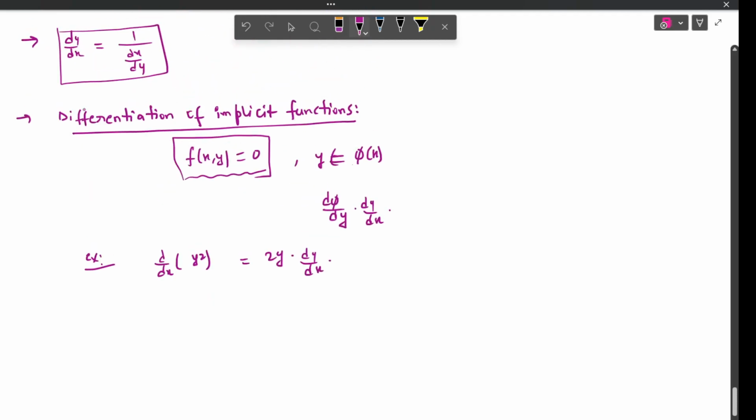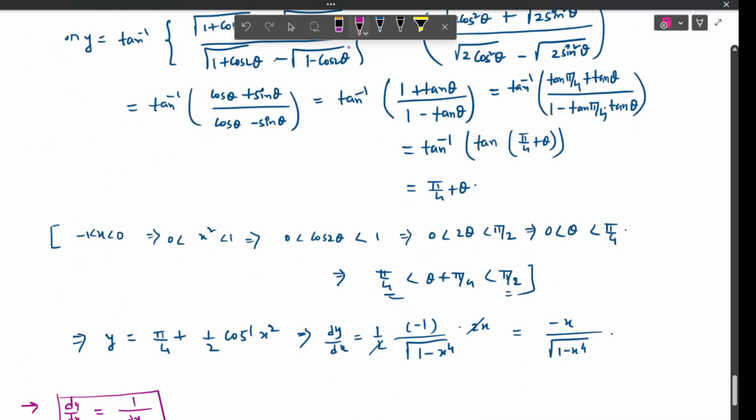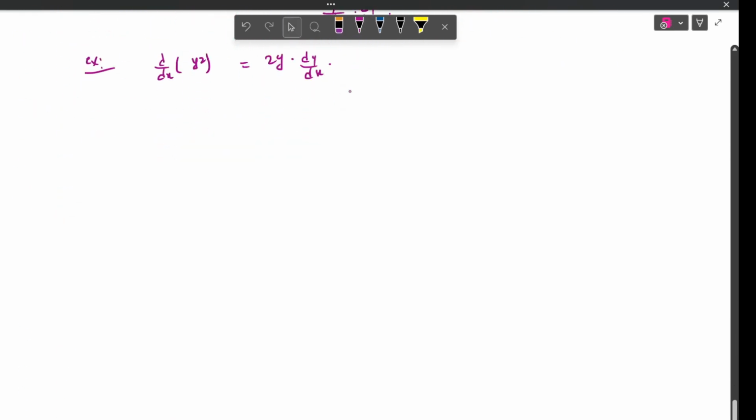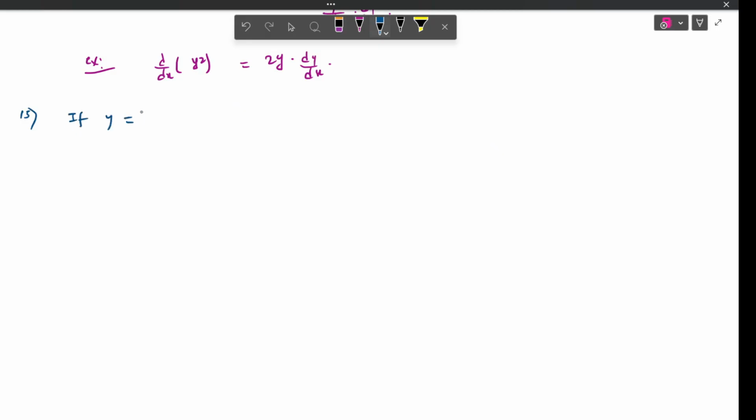Let's see one question. Let's say this is our question number 15. If y equals to b tan inverse x by a plus tan inverse y by x, find dy by dx.